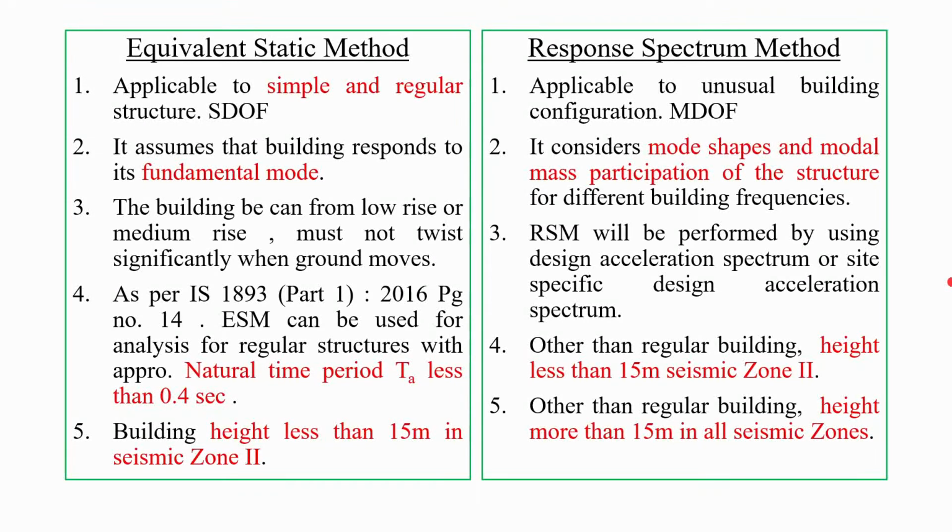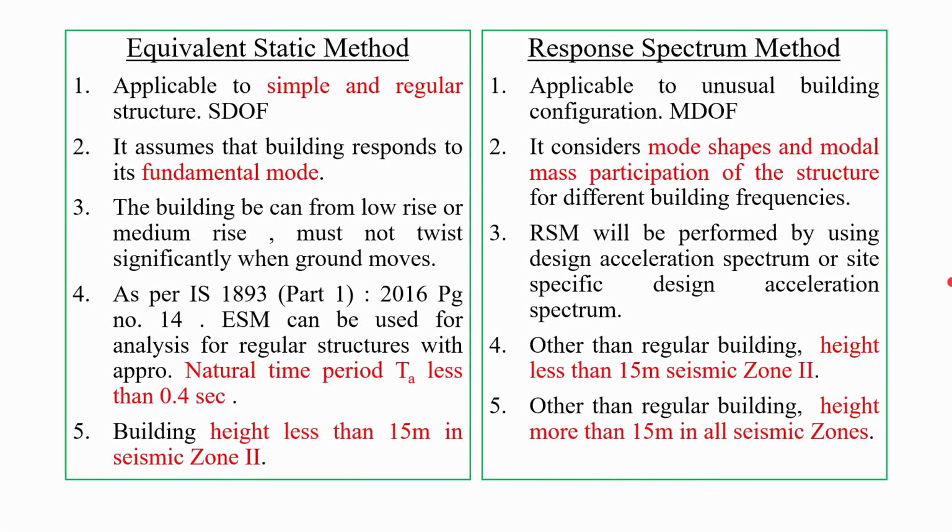The equivalent static method is applicable only for simple and regular structures, and they consider it as single degree of freedom behavior, assuming that the building responds in its fundamental mode. And the third point is that the building can be from low rise to medium rise. It cannot be a high rise.